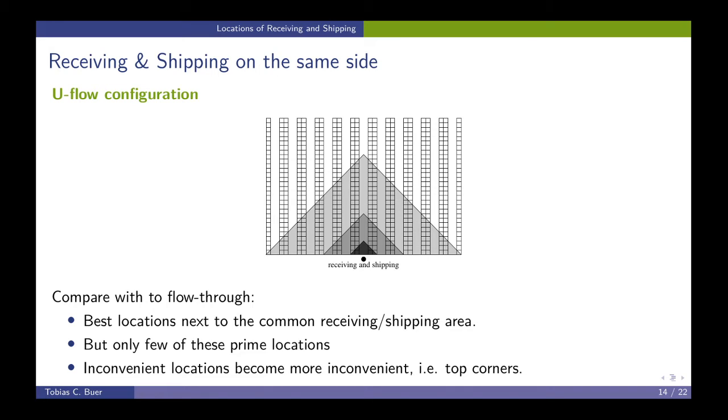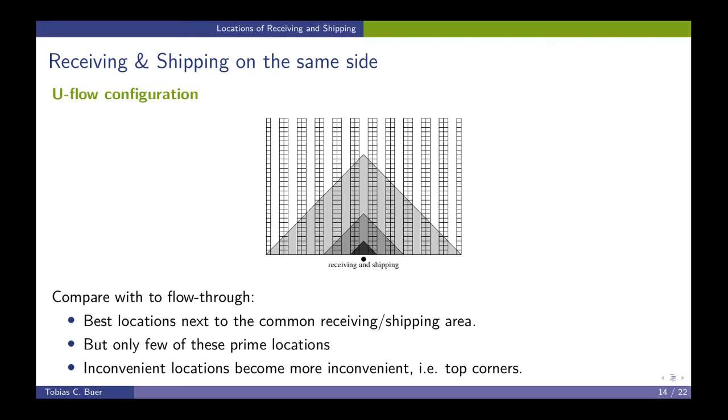Let's look at another layout, the U-flow configuration. Now we have the receiving and the shipping doors on the same side of the warehouse. And now you can see that the locations that are very close to the bottom and to the center are the most convenient ones, and the farther away they move from the center and from the bottom, the less convenient the locations become.